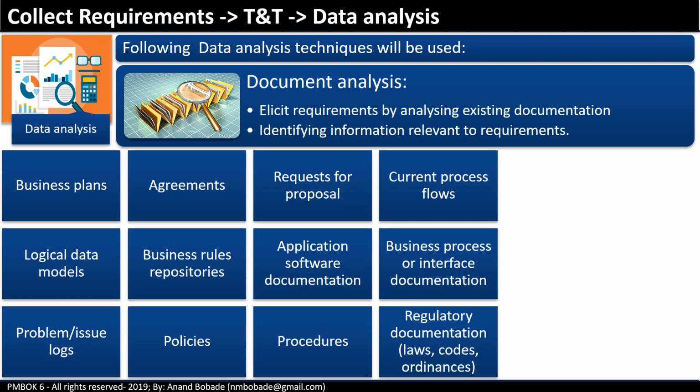Business plans, documents like the business case and benefit management plan for business requirements; use cases, request for proposal, agreements like contracts, and issue logs can be used for solution requirements. Current process flows, business processes, business rules repositories, interface documentation, policies and procedures for project requirements; regulatory documents for quality requirements.